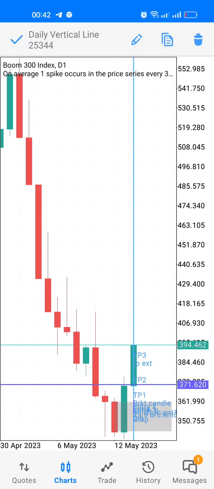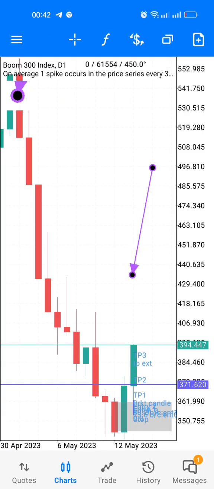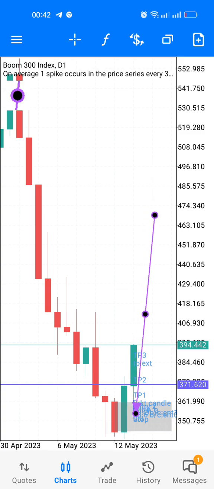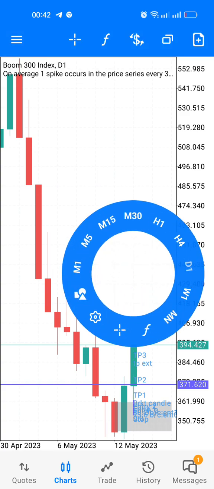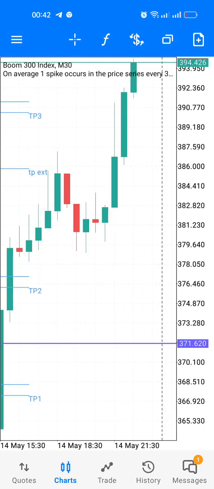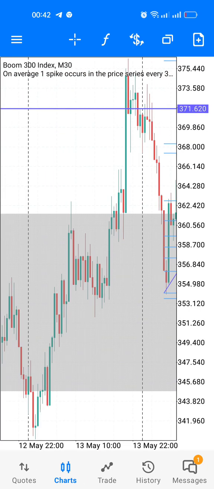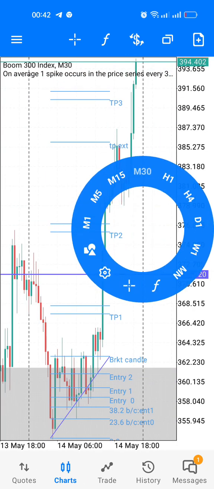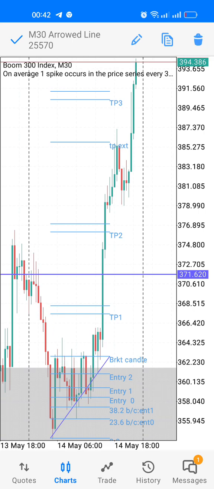waited for retest, which came here with this candle. So look at the wick, it came back into the zone, and once it came back to the zone, as you can see it coming back here, what did happen?